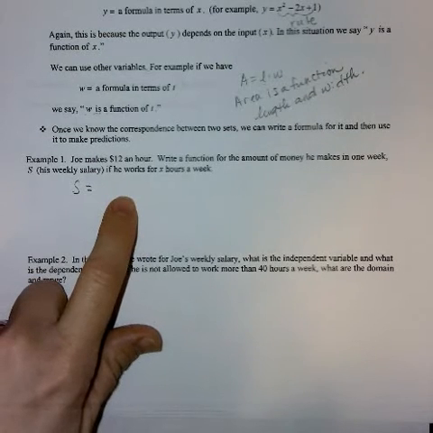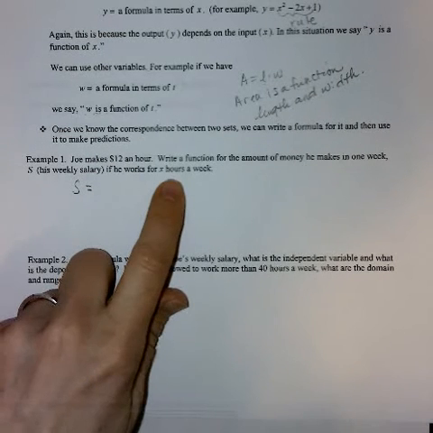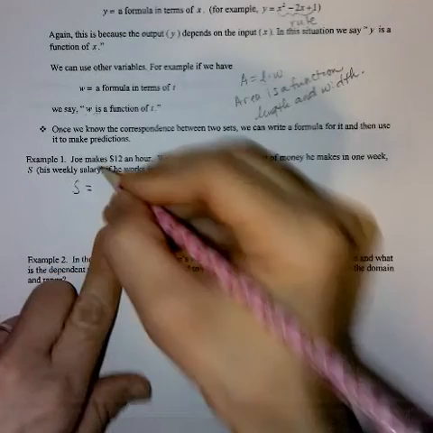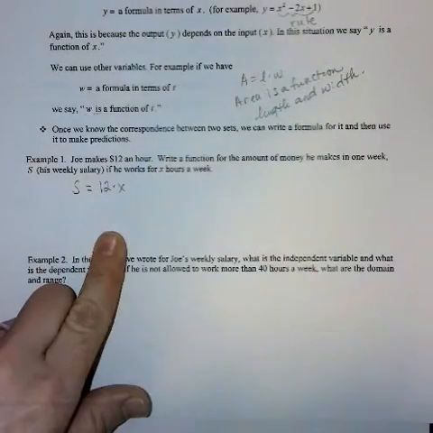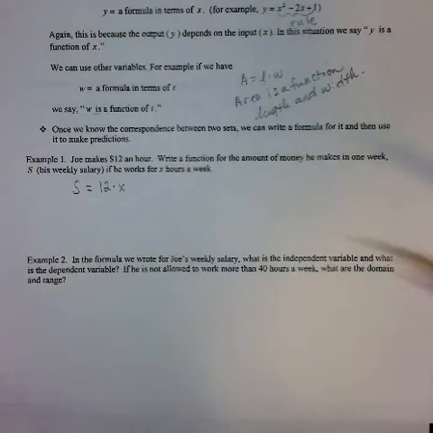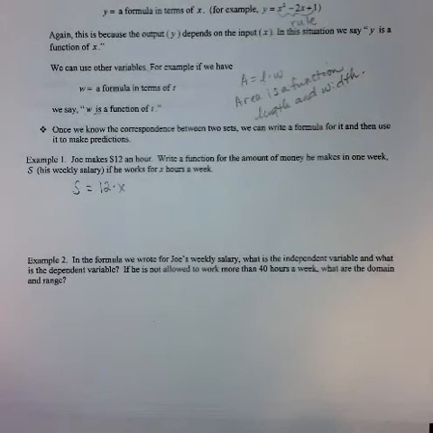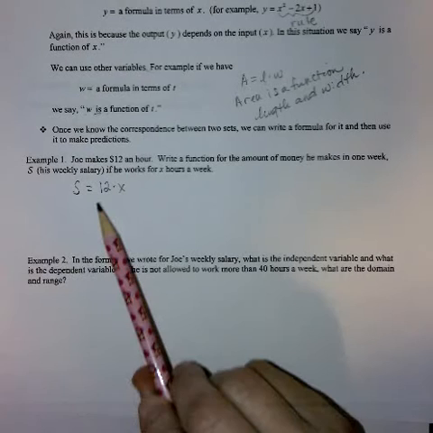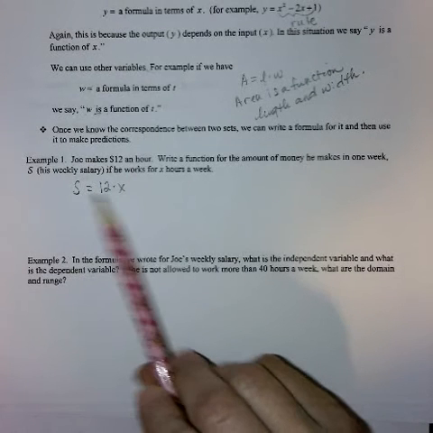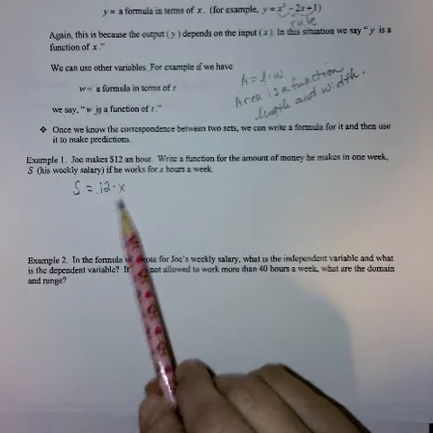Well, he makes $12 an hour. He works for x hours, so that's going to be 12 times x. Most of us have worked hourly jobs, and we know how to calculate pretty easily how much we'd make, right? So there's our formula. S is a function of x.